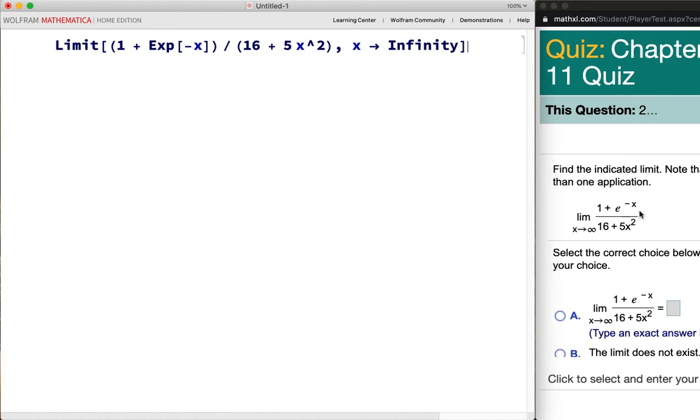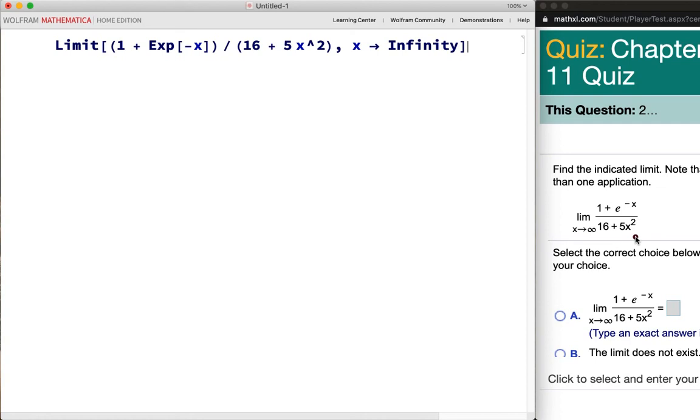Now, you can also see in the denominator we have the expression 16 plus 5x squared. Now, as x squared becomes increasingly larger, this entire expression, 16 plus 5x squared, becomes increasingly larger.